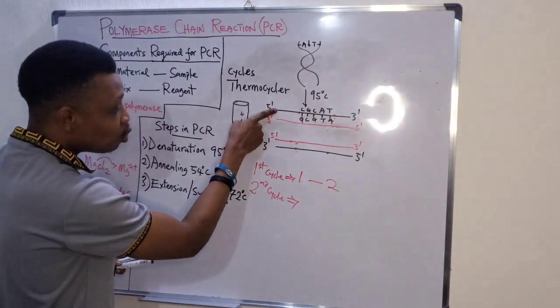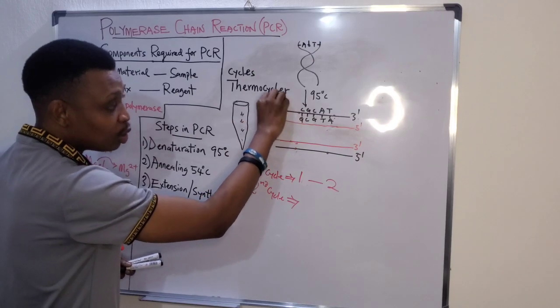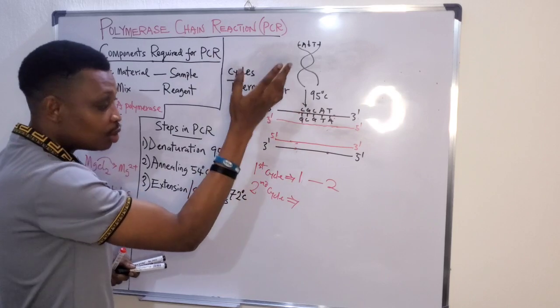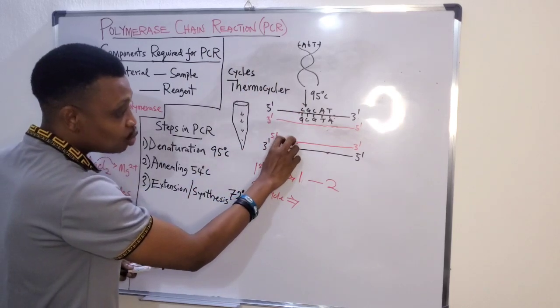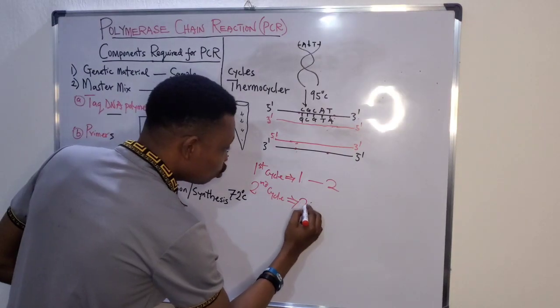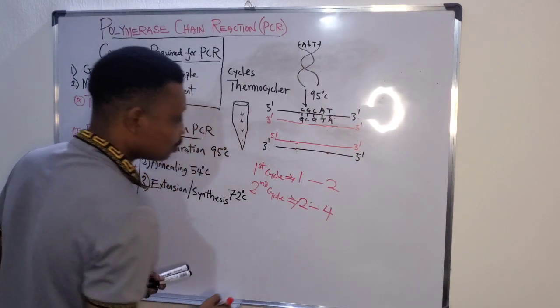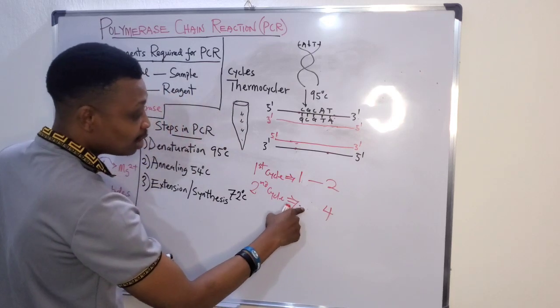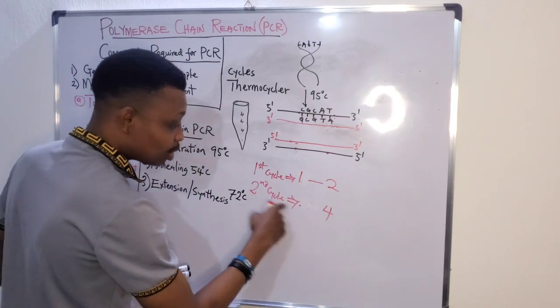Because this one together will unwind, and this one will give rise to 2 DNA molecules. And this together also will give rise to 2 DNA molecules. So we still have what? 2 will give rise to what? 4. So in the first circle, one molecule of DNA will give rise to 2. In the second circle, we have 4.